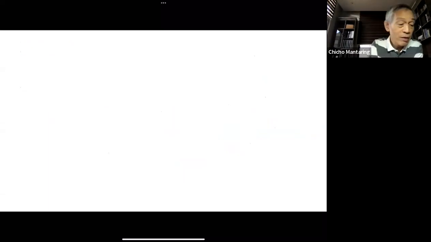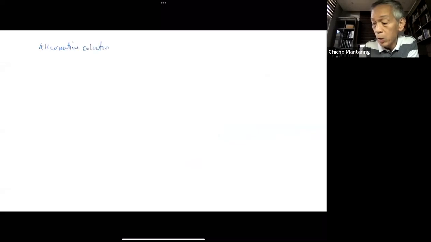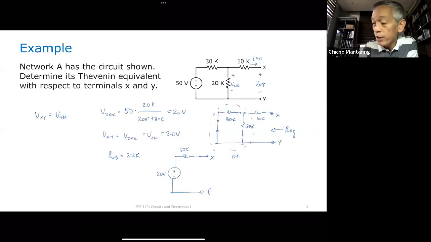So I'm just saying, this is an alternative solution, using source conversion. So I convert this to a current source.